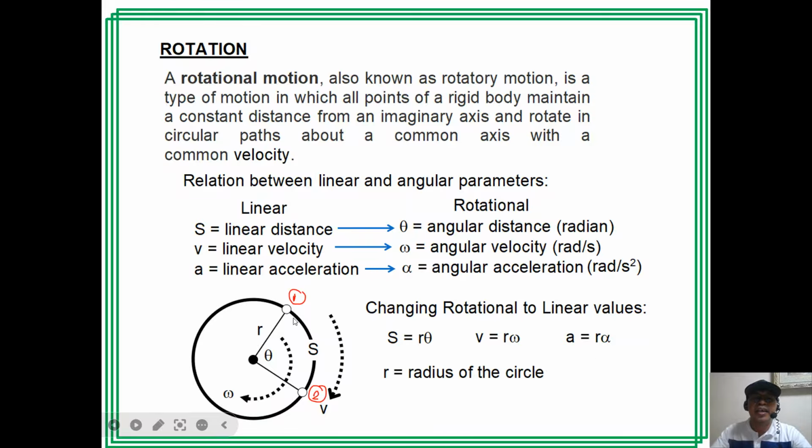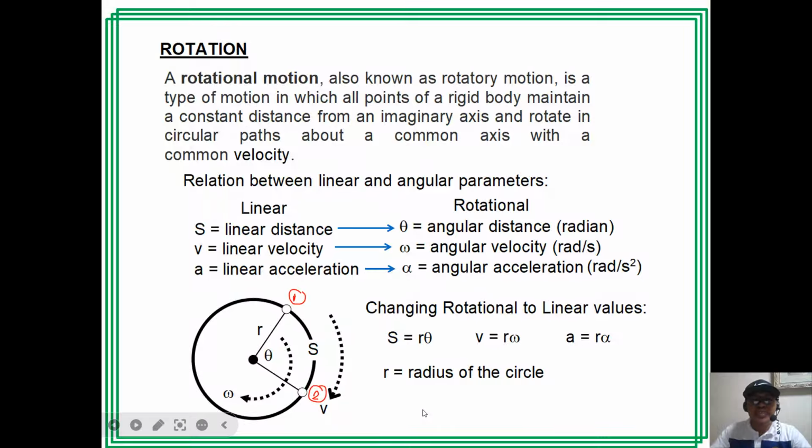Notice that in order to change rotational values to equivalent linear values, multiply the rotational values by the radius r, and the resulting values are the equivalent linear values.